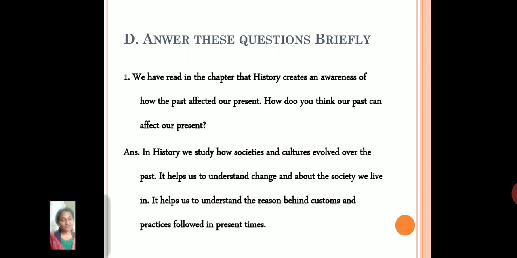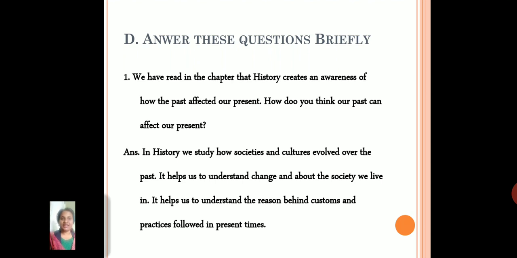W has to be capital for we because it is the beginning of the question. We have read in the chapter that history creates an awareness of how the past affected our present.